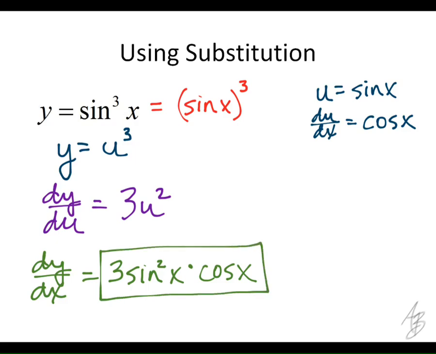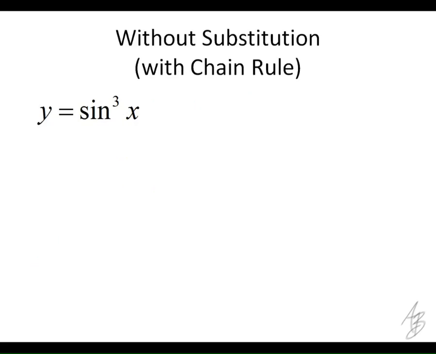Does that make sense? Do you think you could do this problem without using substitution? So dy dx is equal to, we're going to differentiate the mother and keep the baby inside. So what's the mother function here? The cubed function, right? So it's going to be 3 times something to the second power. And what are we going to have inside here?